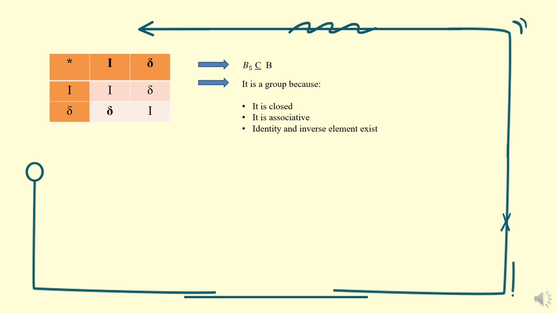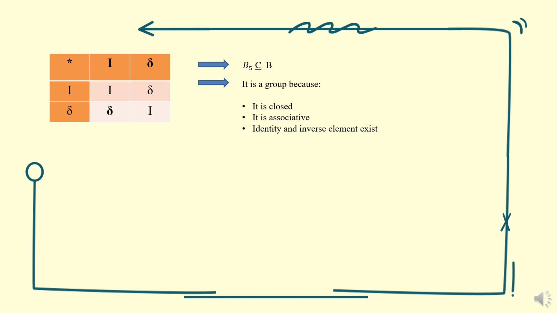Yes, because the identity element 1, Roman numerals 1, exists in this table. The identity element Roman numeral 1 exists diagonally in this table. So in inverse element, we can say that the inverse of each other in this table is themselves.